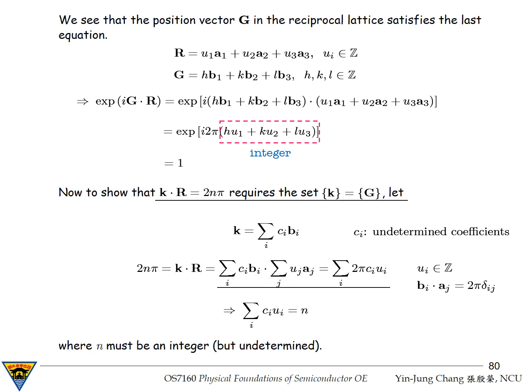Using again b_i·a_j equals 2π times the Kronecker delta, we obtain the expression shown here, which is the sum over i of 2π c_i u_i. So for the condition to hold, which is k·R equals 2mπ, the expression shown here must be an integer. This is the crucial point that will be completed on the next page.